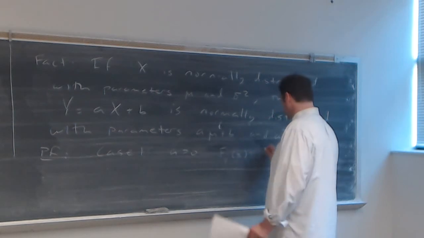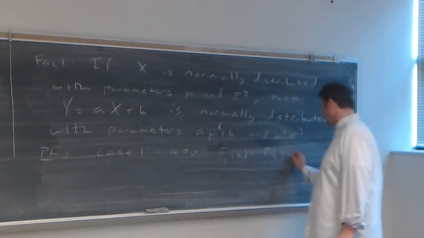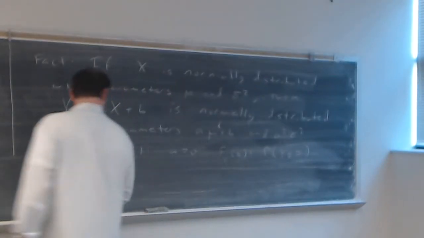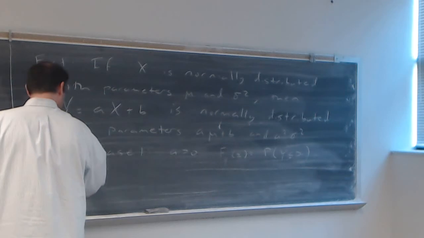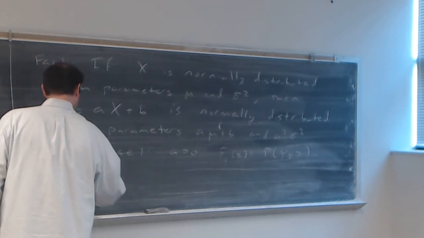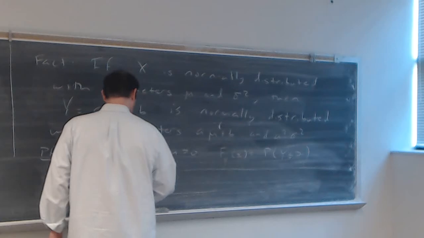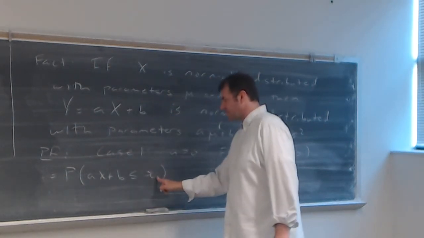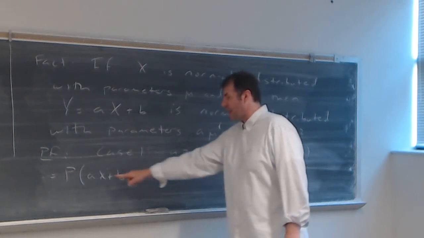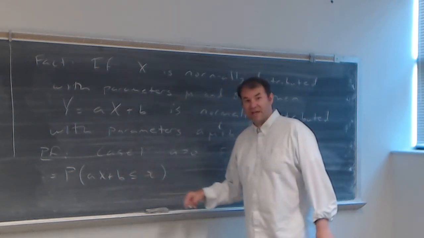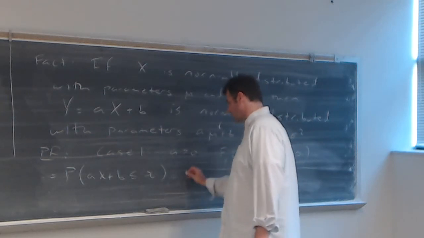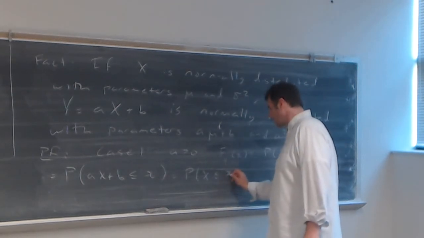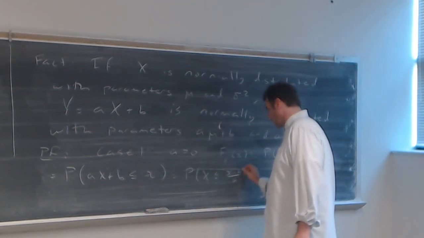What that's equal to is the probability that Y is less than or equal to x. Well, that's the same thing as the probability that aX plus b is less than or equal to little x. If you solve for X here, you subtract b from both sides of the inequality, and then divide by a. Since a is positive, we wouldn't have to change the direction of the inequality. So this is the probability that X is less than or equal to x minus b over a.